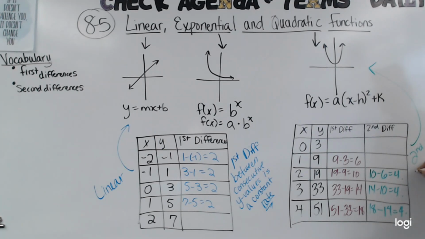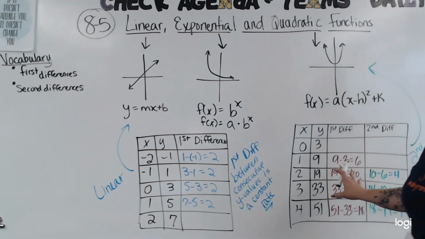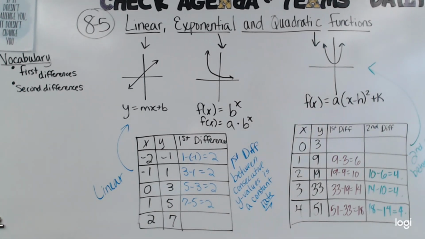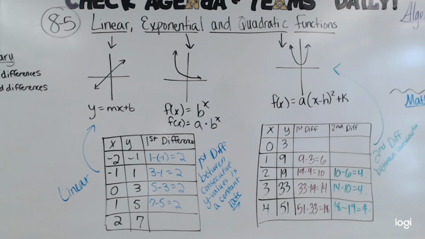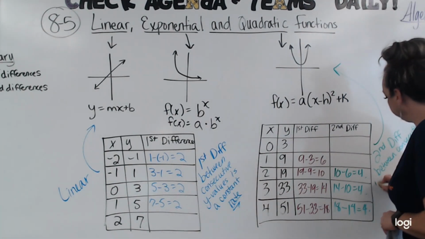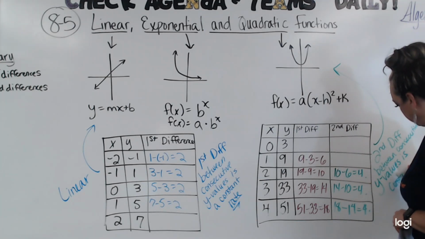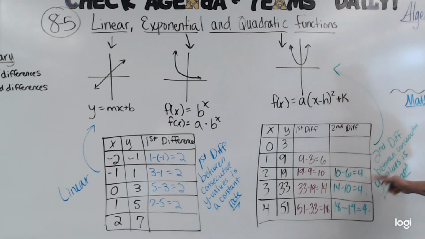I'm writing it off to the side. You can't see it. Basically what we're saying is the second difference of the consecutive y values is constant. So it's the same, okay?